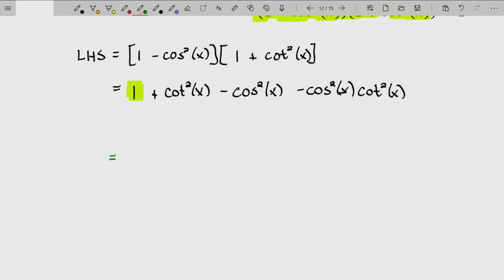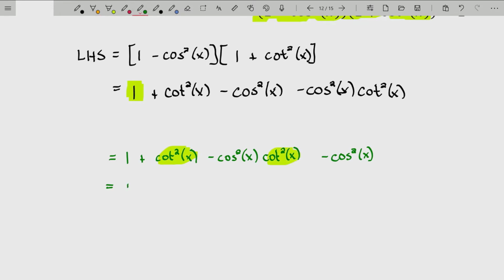So one way, I'll write it in green here, is I'll group together the cotangent squared. So I have a cotangent squared minus a cosine squared times a cotangent squared. And then I still have this minus cosine squared hanging out, just waiting for something magical to happen. But now that I've rearranged that, I'm going to factor a cotangent squared from those 2 terms.